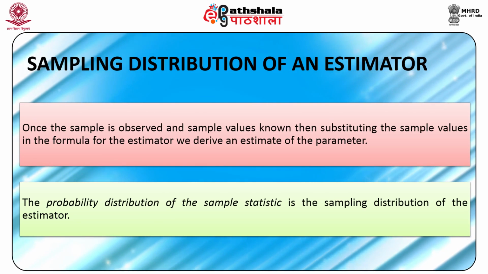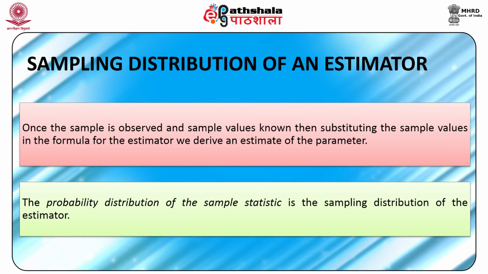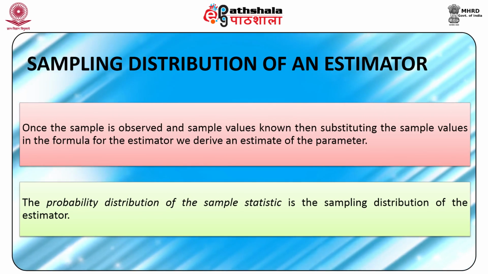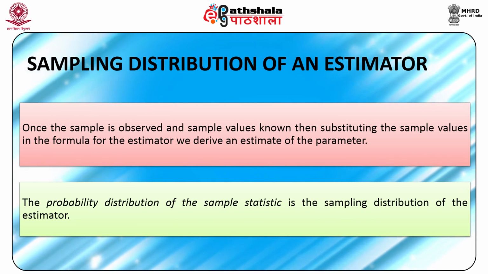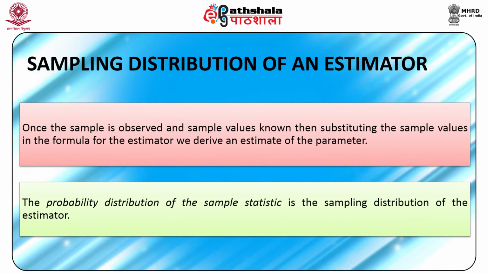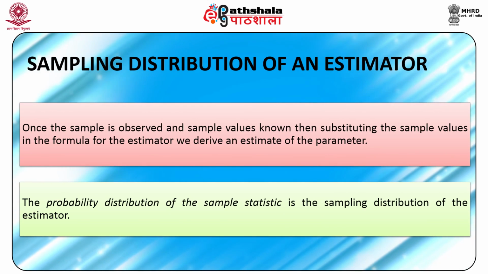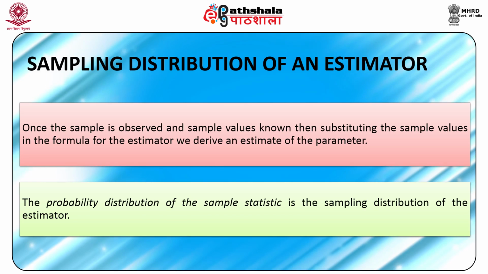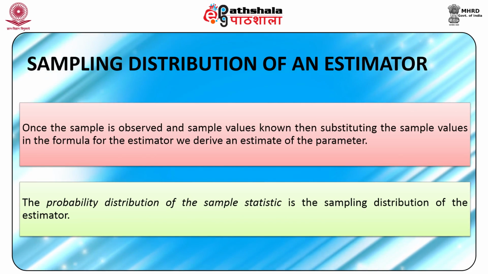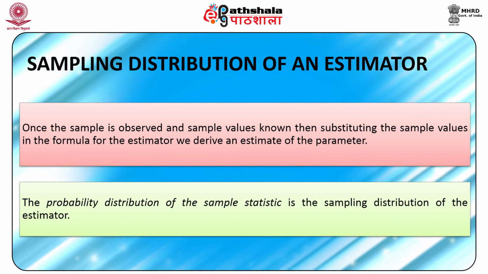For different samples, the estimates differ. The total number of possible samples of size small n from a finite population of size capital N is, let me repeat, capital N raised to the power small n, if sampling is with replacement.